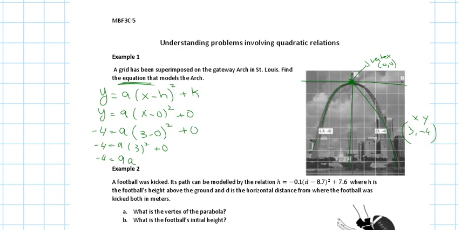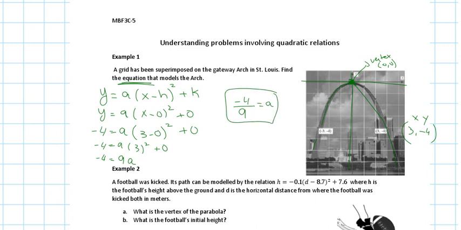It stays positive, but what happens to it when I bring it over? How do I isolate for a? Divide by 9, right? Because it's a multiplication here. The opposite of multiplication is division. So that means my a is negative 4 over 9.